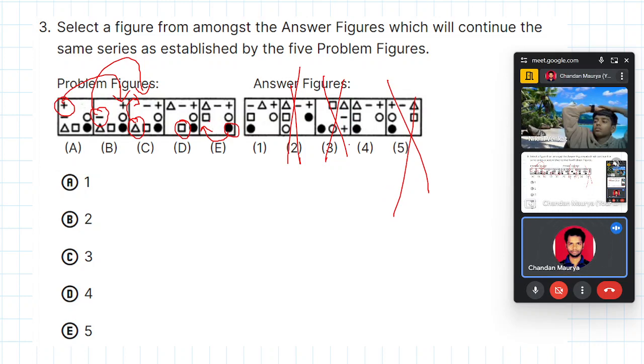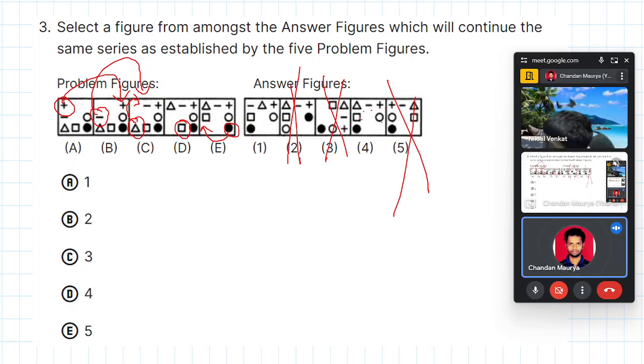Initially I should have circle. I am having circle in both. Then plus I'm having in both. Minus I'm having in both. Triangle I'm having in both. Square, definitely I'm having. What is the difference?